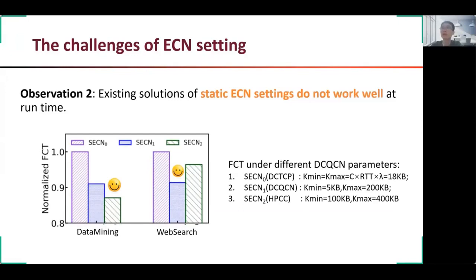Actually, it's because SECN1 is more friendly to latency-sensitive traffic, as SECN2 is for throughput-sensitive traffic. For SECN0, lambda and RTT are related to the realistic network environment. So it's hard to find an appropriate static threshold to balance queue and throughput.